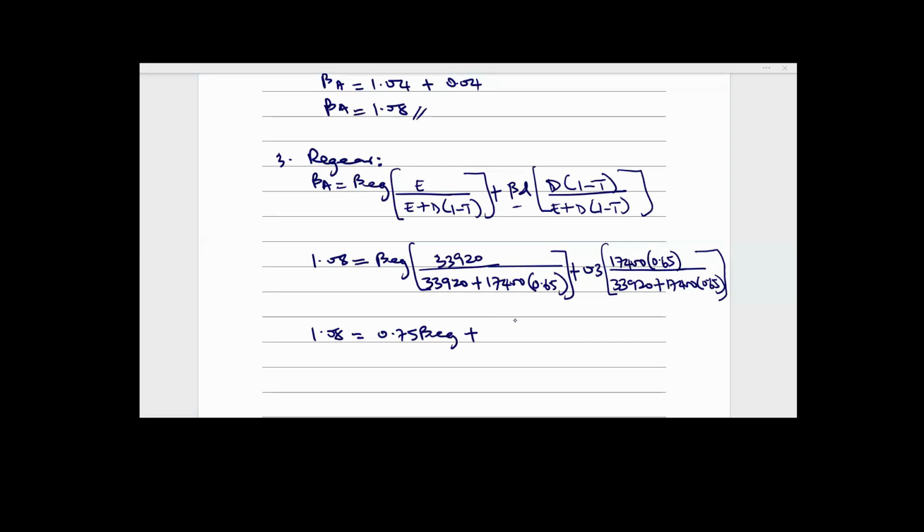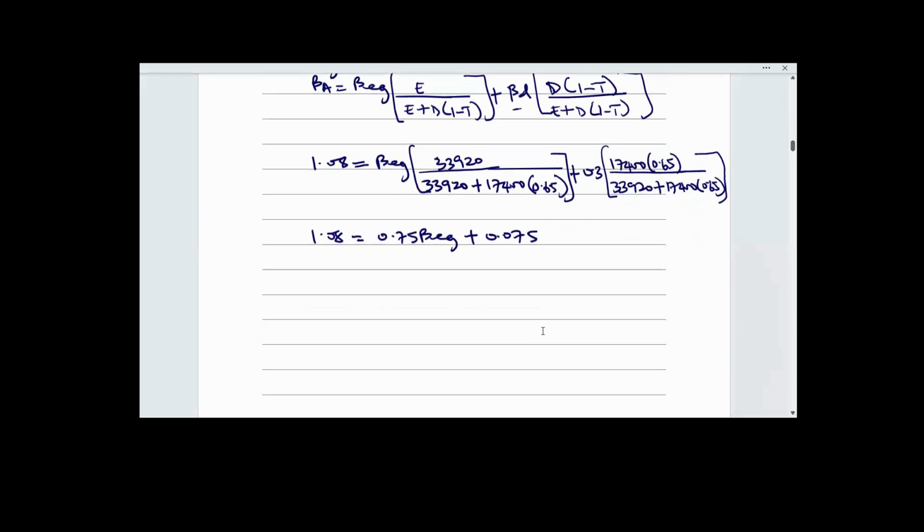Okay, 45,230. 17,400 multiplied by 0.65 divided by 45,230 multiplied by 0.3 equals 0.075. Here is 0.075. So all I need to do now is to collect like terms.